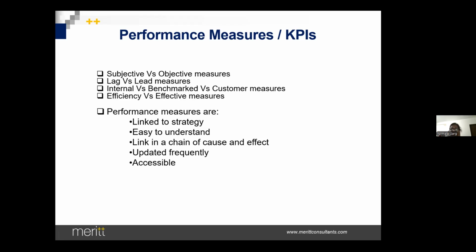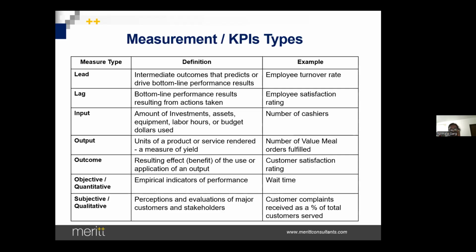Now, along with this, I'm sure all of you know this. Let me just run through. Employee turnover rate is a lead indicator. Satisfaction is a lag. Number of cashiers is typically an input. Output. Outcome is what?